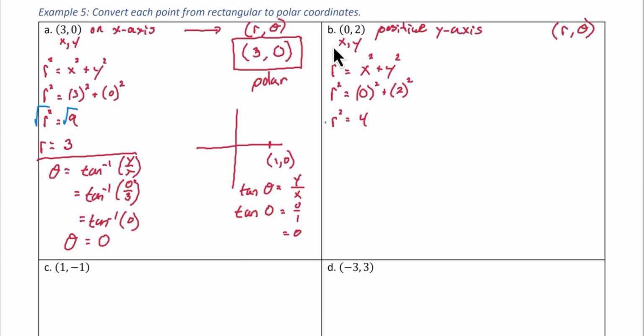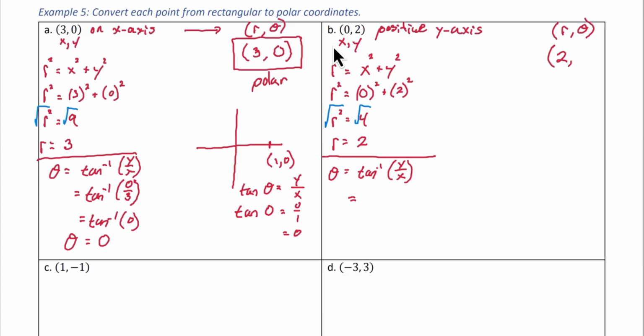We will again take the square root of both sides, and we'll get that r is 2. Again, we'll keep the positive version. So we have an r value of 2. Let's find theta. Theta is inverse tangent of y divided by x.